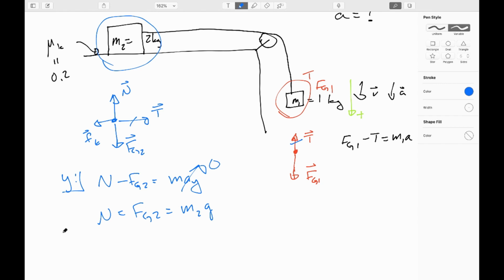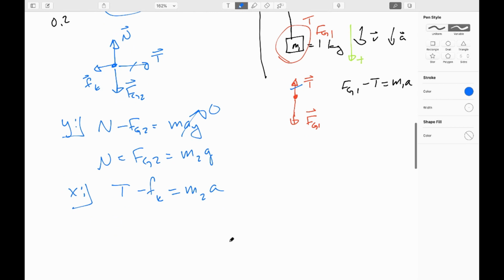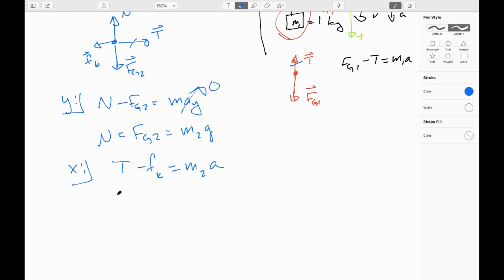All right, in the land of x, we'll have the tension acting to the right, kinetic friction acting to the left. That has to equal m2a. From our model of kinetic friction, this will be T minus mu k n equals m2a. We just worked out that the normal force is m2g. So this is T minus mu k m2g equals m2a.